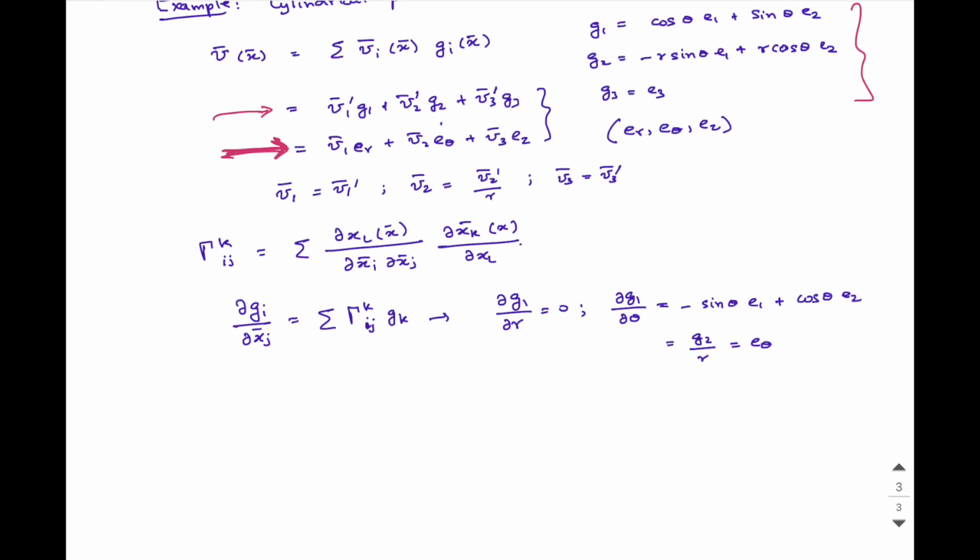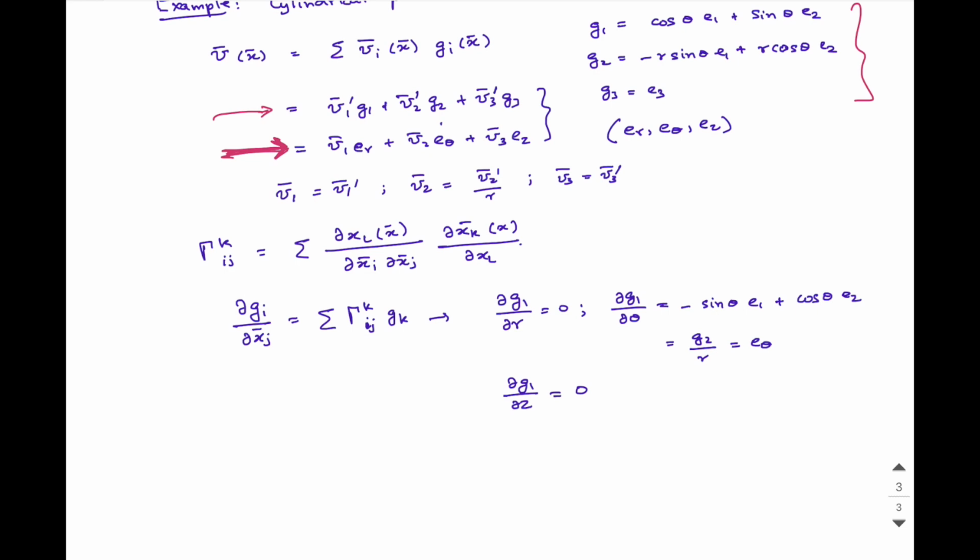It's a very straightforward computation. Similarly, the partial derivative of g1 with respect to z is going to be 0. Likewise, you can compute the derivatives of g2 and the derivatives of g3, and that will give you all the Christoffel symbols.